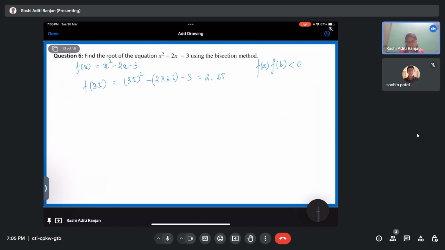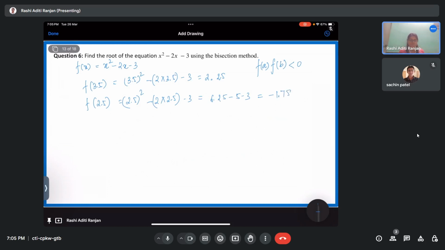Okay, fine, it is a positive value. Now I consider 2.5. So 2.5 squared minus 2 into 2.5 minus 3, which would be 6.25 minus 5 minus 3.